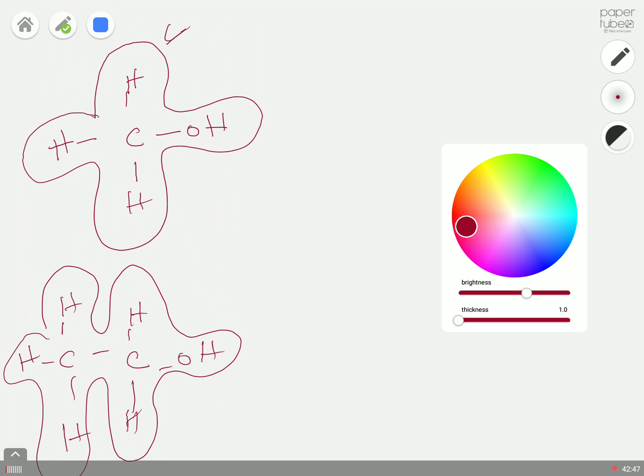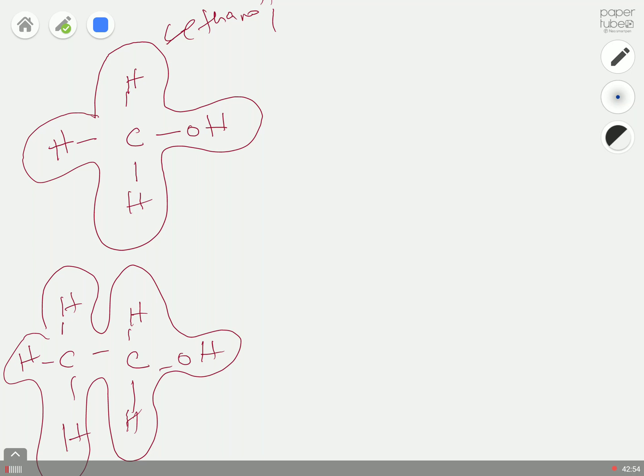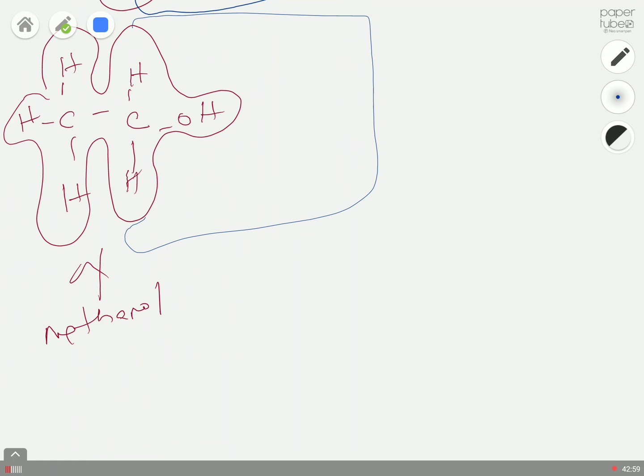This one is ethanol. Imagine if you have an enzyme of this shape. This blue boundary is your enzyme.